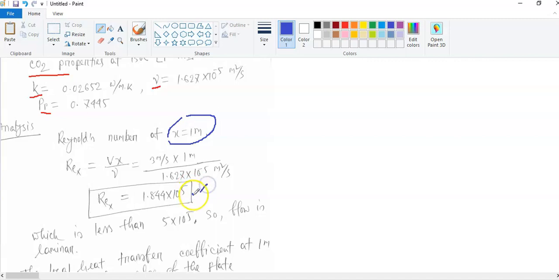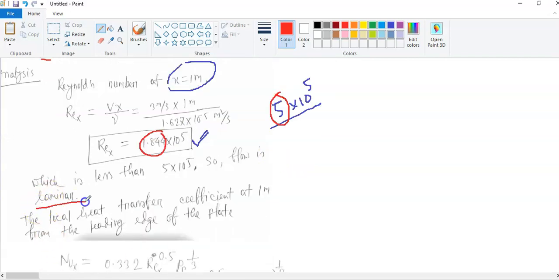So we got the Reynolds number, and you can see clearly it is 1.8 into 10 to the power 5. We know the critical Reynolds number is 5 into 10 to the power 5. If your Reynolds number is this or greater than this, then the flow will be turbulent. Here we can see it is 1.844 times 10 to the power 5, clearly less than the critical Reynolds number. So the flow is laminar.